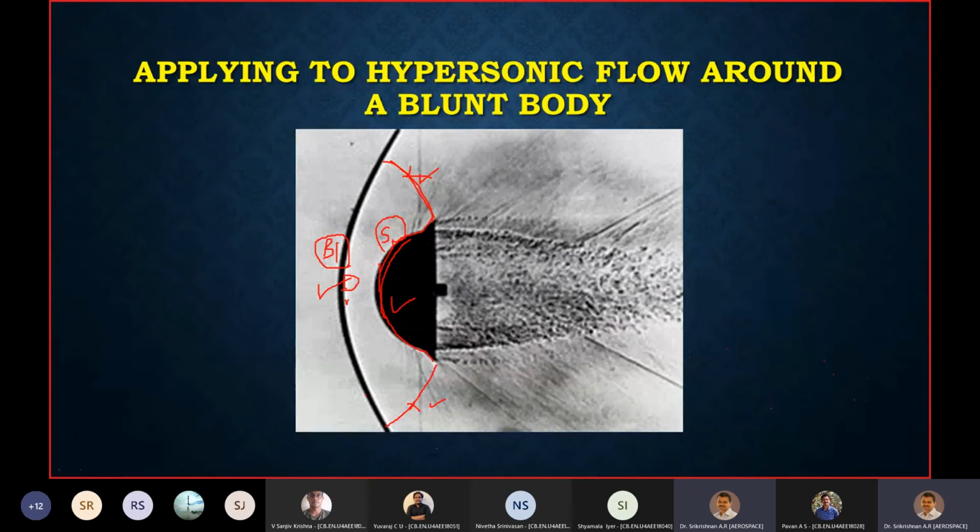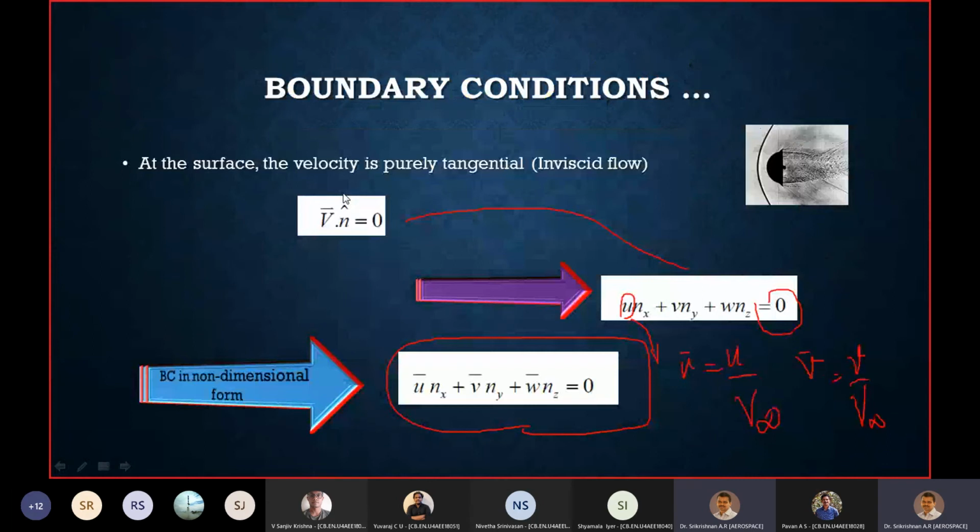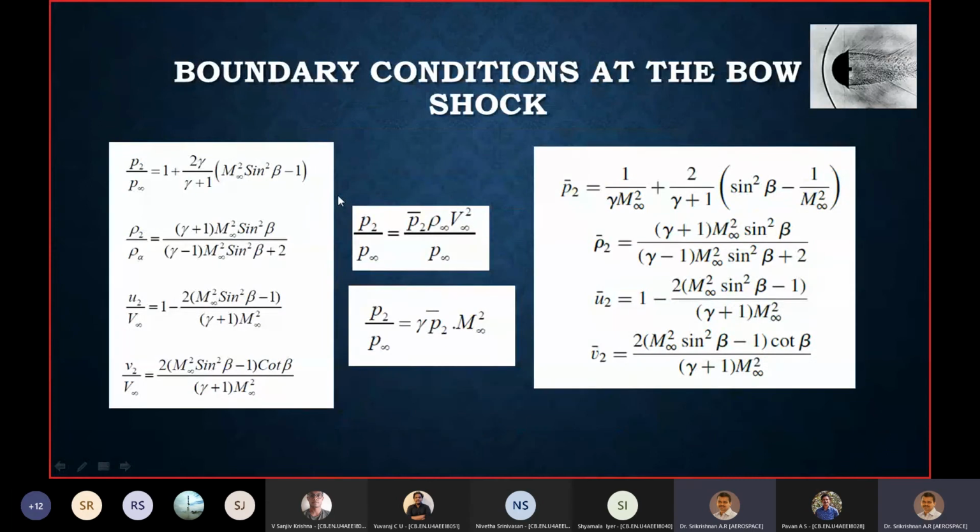Now, how about the other? As you just mentioned, the other boundary is the shock itself. And for the shock, let's assume we are just considering the normal shock region. When we are considering the normal shock region, we know what P2 by P infinity is. All that comes from our familiar normal shock equations: P2 by P infinity, rho 2 by rho infinity, U2 by V infinity. All these are part of the normal shock relations, where we get all these ratios in terms of the free stream velocity.